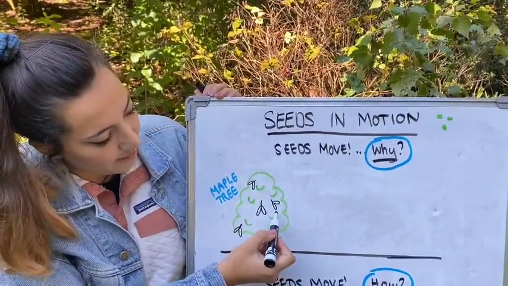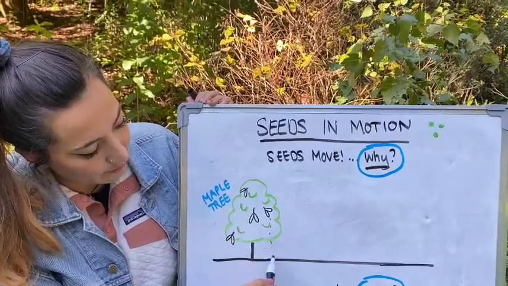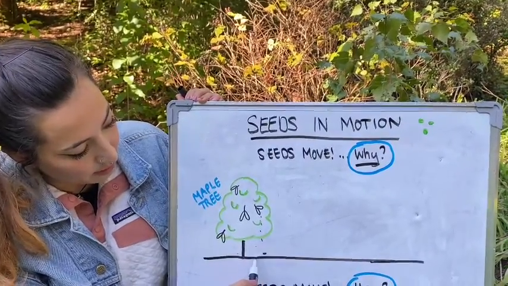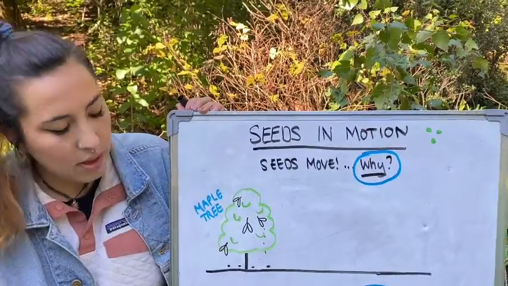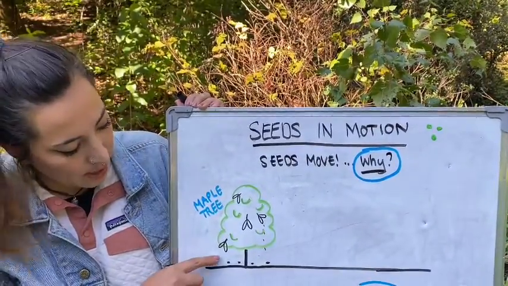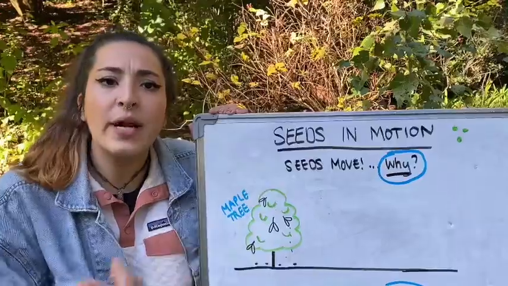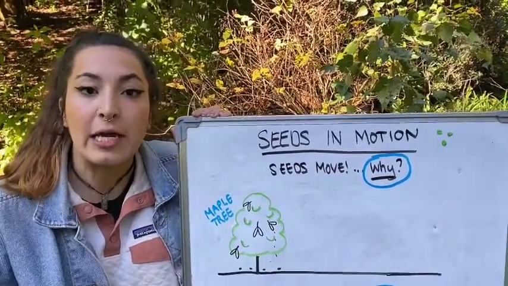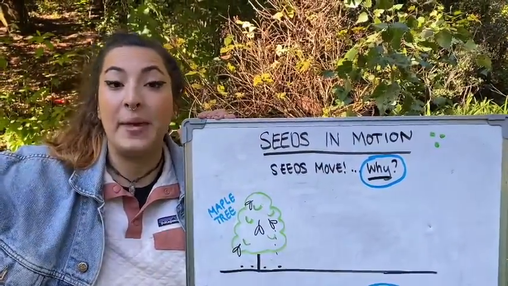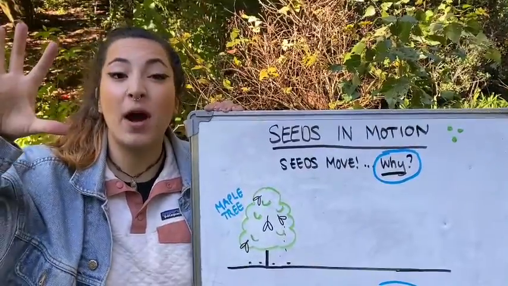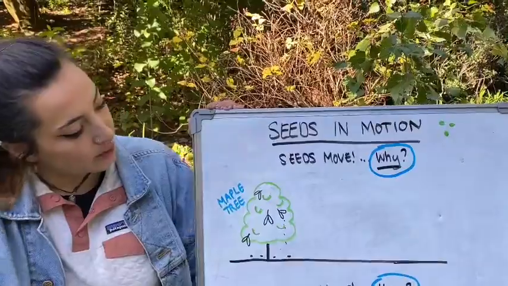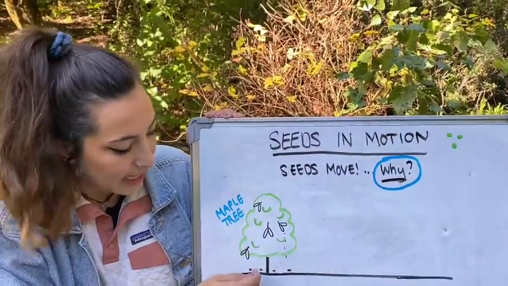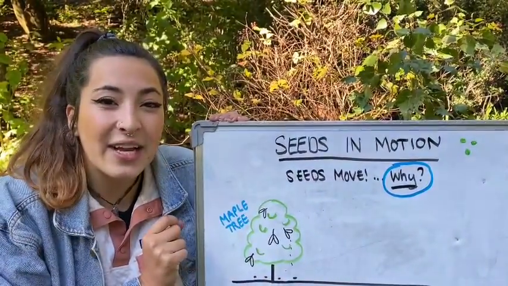So if they just fell off of their tree and landed on the ground here, why do you think this might be a problem? Let's think about it. What do maple trees look like? They are big and they have big broad leaves and big long branches. So these trees are huge and these tiny little seeds are sitting right underneath it.